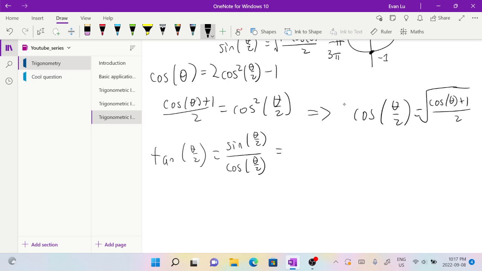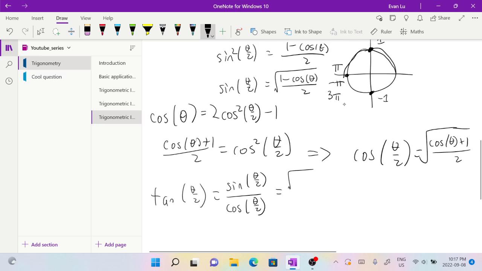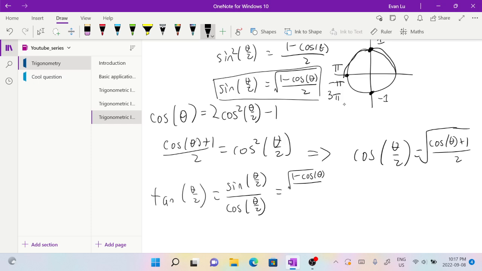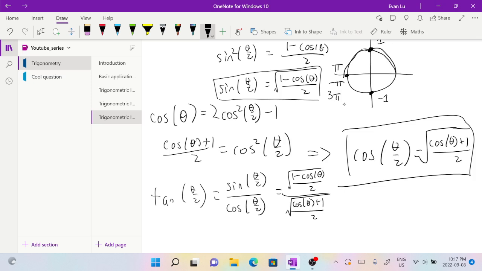So let's sub those in. So sine of theta over 2, as we can see over here, is square root of 1 minus cos theta over 2. And cos of theta over 2, well, it's right over here, is square root of cos theta plus 1 over 2.